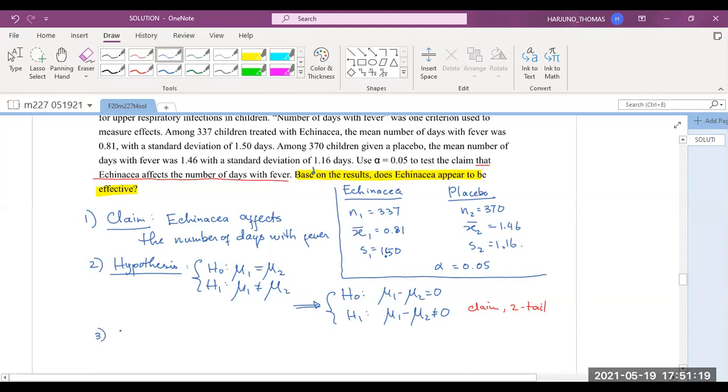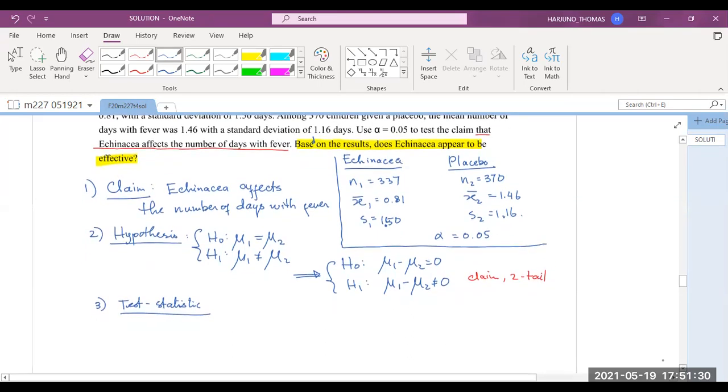So, test statistic. We don't know the population standard deviation, so we use t.